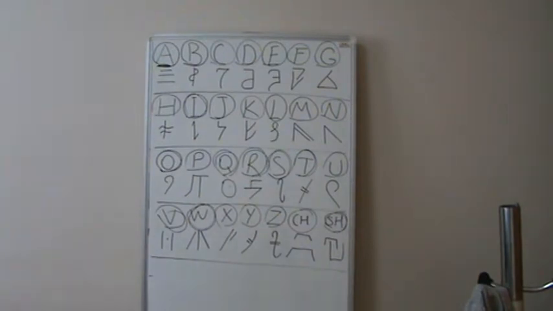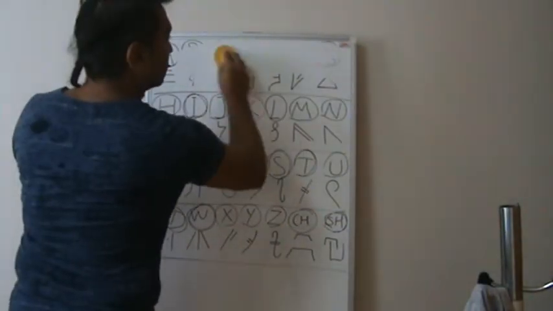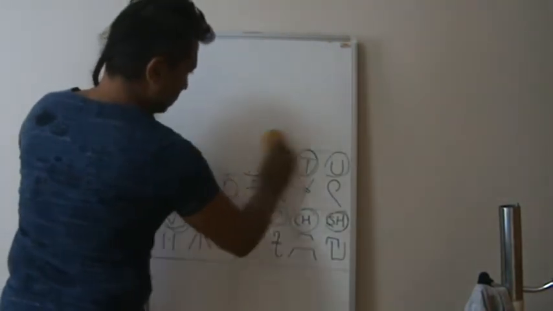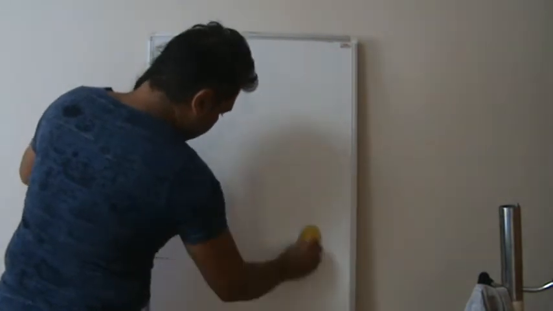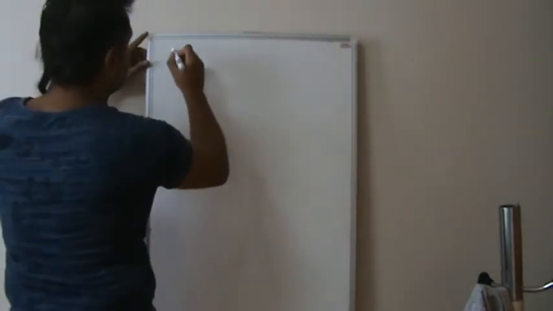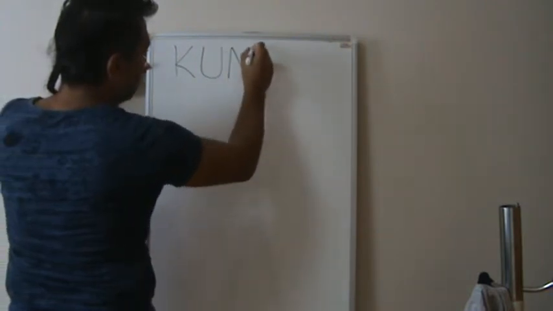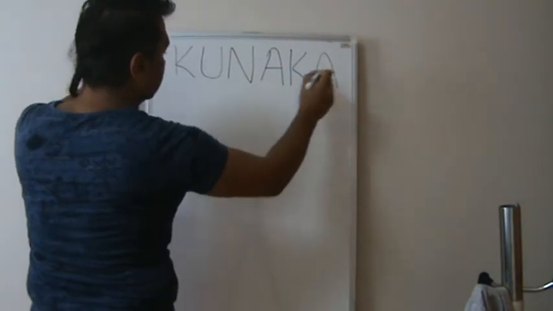And I also want to give you an example. How do we write down Kunaka in Kun letters? Ku, na, ka.